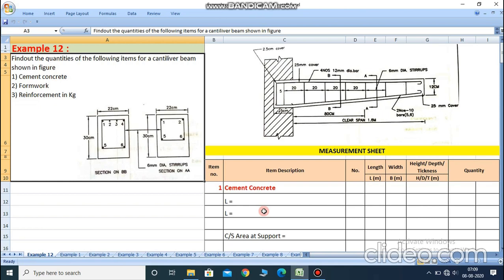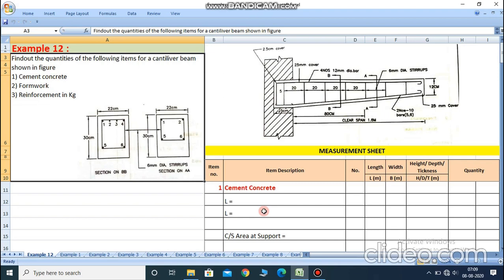To find the volume of the cement concrete, since the dimensions are not the same, we find the length, then the cross section area at the support side and the cross section area at the free end, and then multiply the length by the average cross section area of the support and free end.